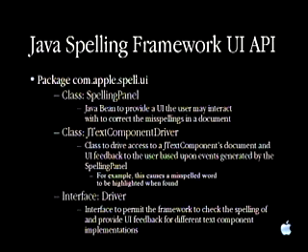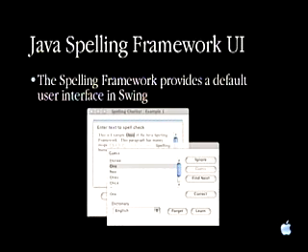One is implementing a new implementation of driver. JTextComponentDriver is the default Swing implementation, which implements the driver interface below, and you would need to implement your own implementation of the driver interface. And then, once you did so, you would tie in with the spelling panel, the class above, and you would be able to have this spelling panel tied in with your text component.